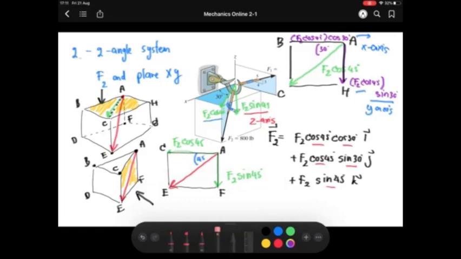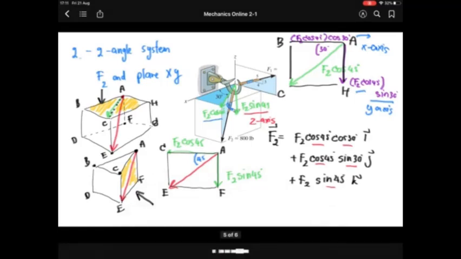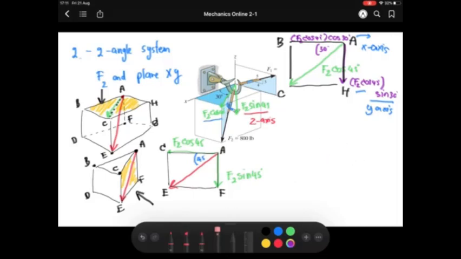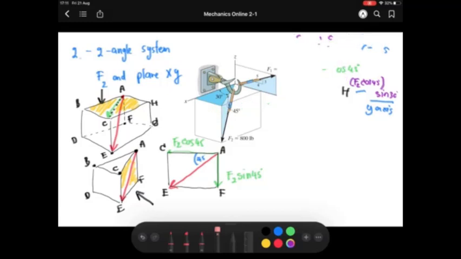So again, for two angle systems, I have some steps that you can use if you already clearly understand all of these steps.